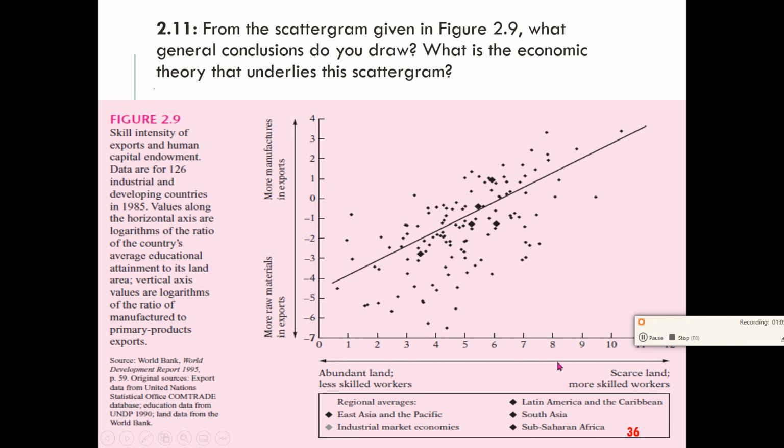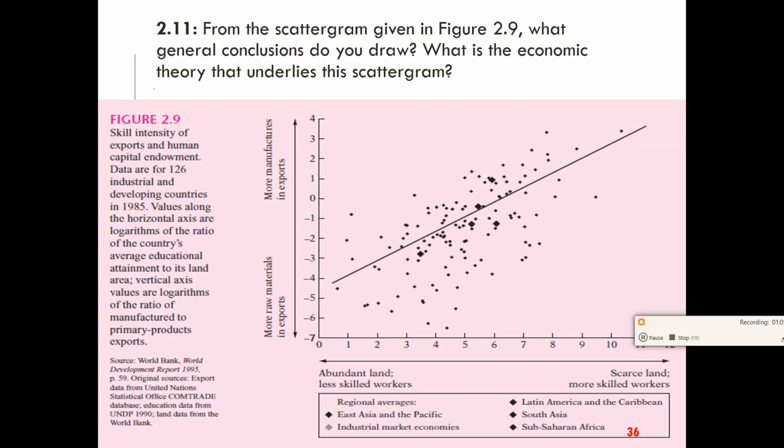So what's happening in this diagram, if you look at this label, is that the countries that have abundant land but less skilled workers are producing more raw materials, right? This is a typical problem: if you don't have skilled human capital stock, or you don't have skilled labor, then you end up producing more of the raw material.